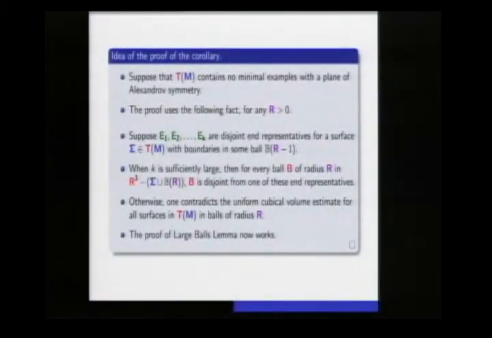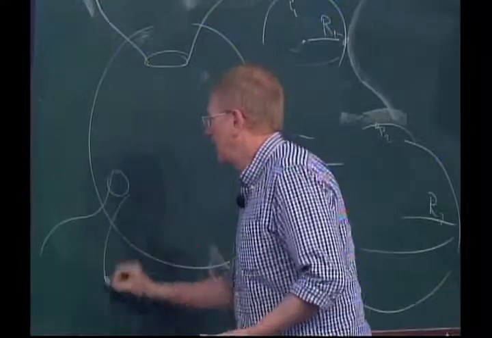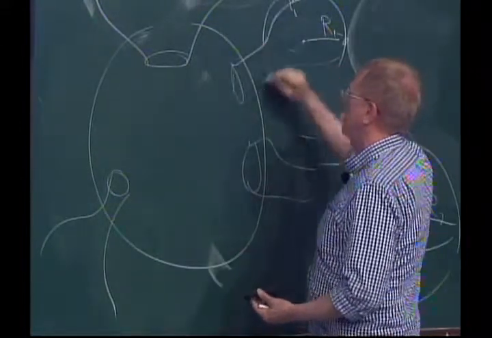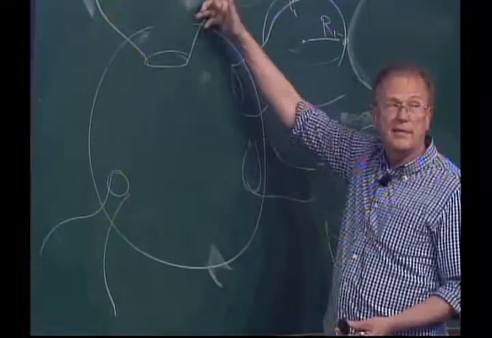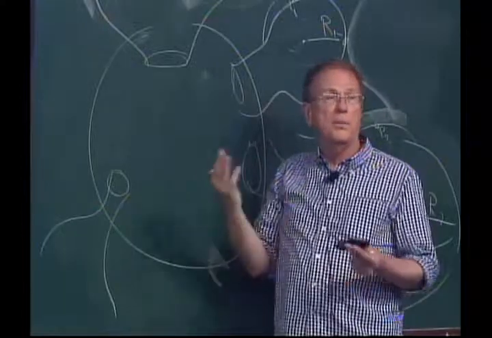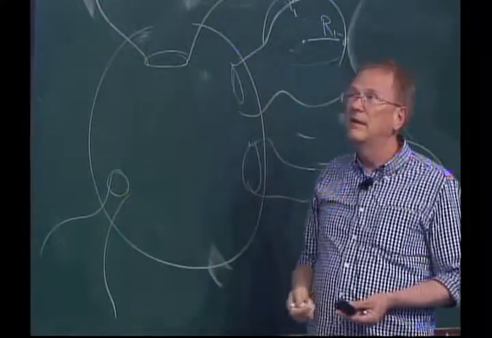If you have lots of ends, then I can make a big ball, and I have all these ends that never get connected up after this. Well, these ends, remember, they have a regular neighborhood. They occupy volume in the space.